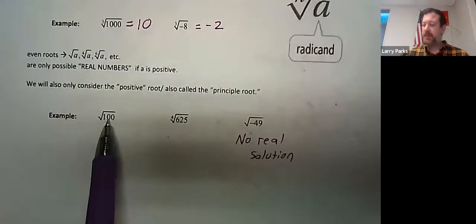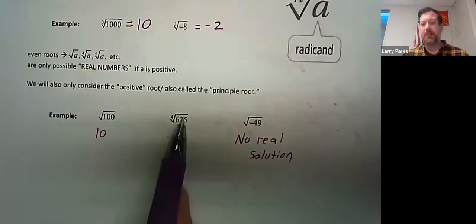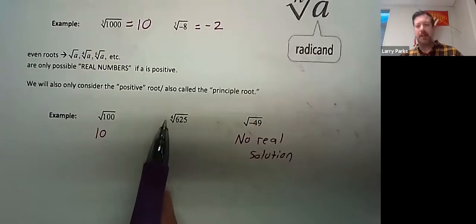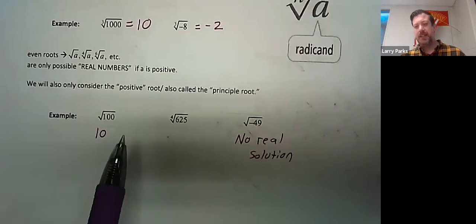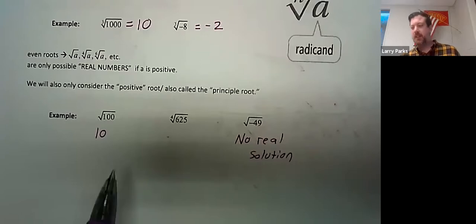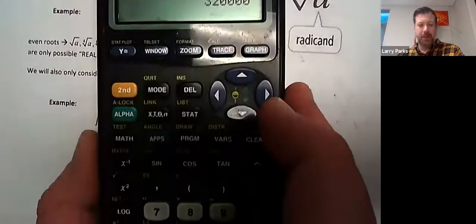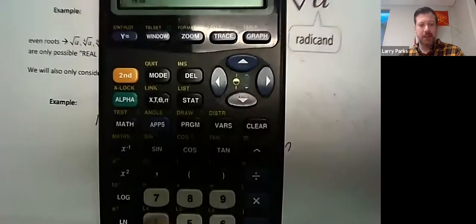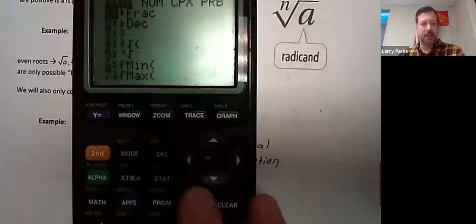Square root of 100, well, that's easy, 10 times 10. Fourth root of 625. Some of these you might need to use a calculator. I can't think of what that would be. So on like this calculator, I know I go 4, and then math, and it's number 5.